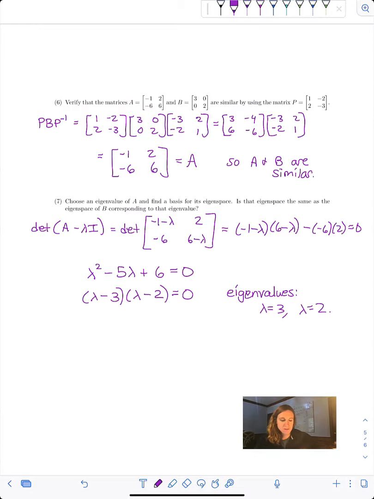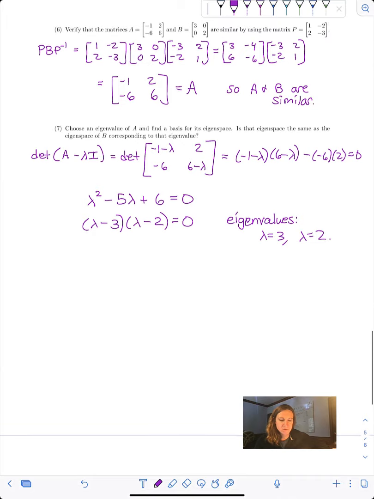Okay, so now here's a question that we're asked. Find a basis for the eigenspace of A for one of the eigenvalues. Let's just pick one randomly. We'll choose lambda equals 3. You can try this for lambda equals 2 on your own to see what happens there. And let's look for a basis for the eigenspace. I've given you an abbreviation for this: the eigenspace of the matrix A corresponding to eigenvalue 3.